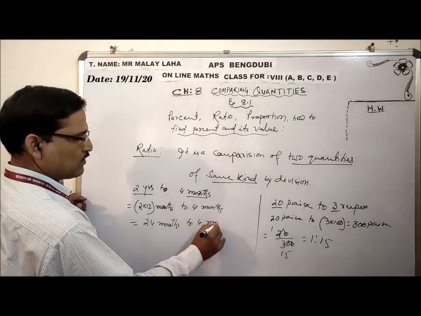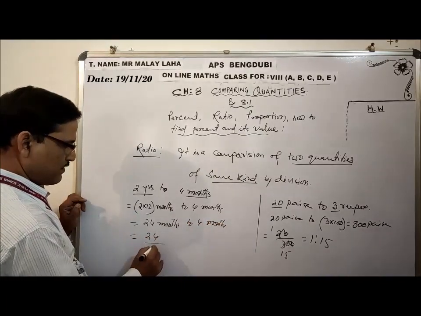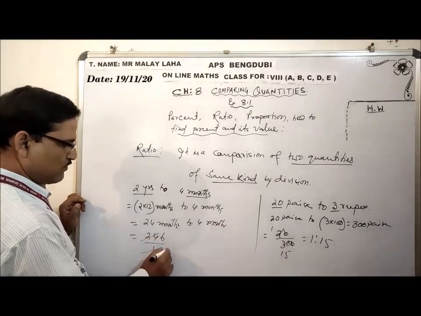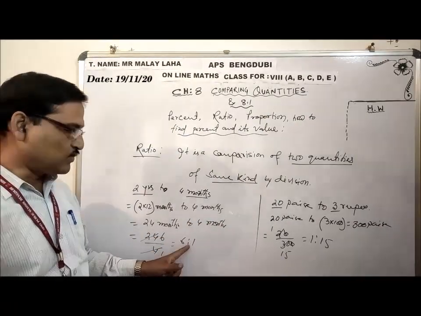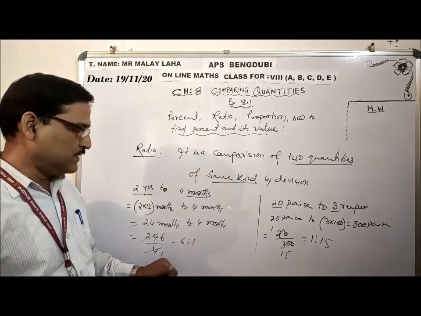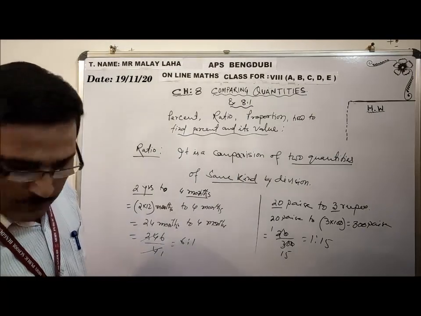Now both quantities are in the same kind. So 24 by 4, it will cut to 6 by 1, 6:1. This symbol is called 'is to'.